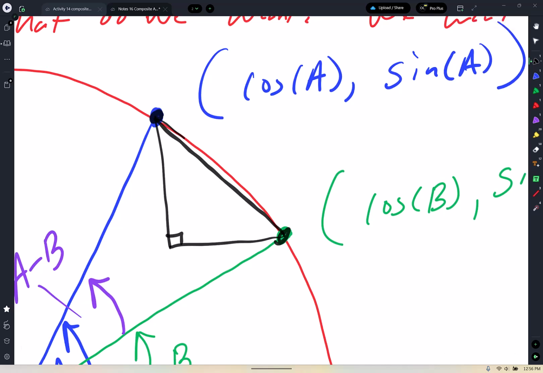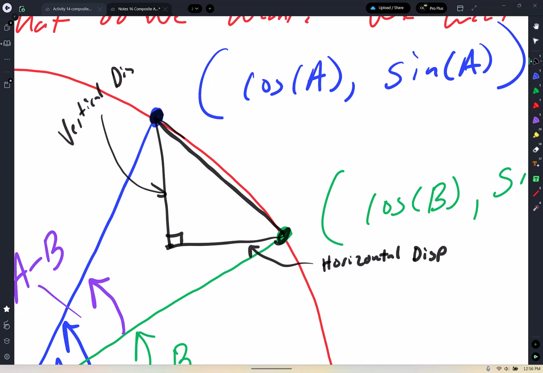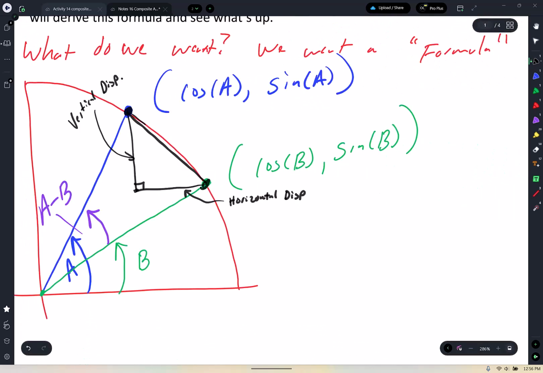This is just some horizontal displacement, just the distance between this corner and that corner. And this is just some vertical displacement or distance. Are we okay? I haven't done anything crazy, have I?